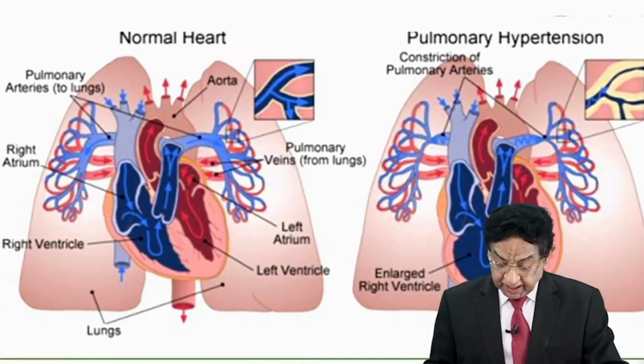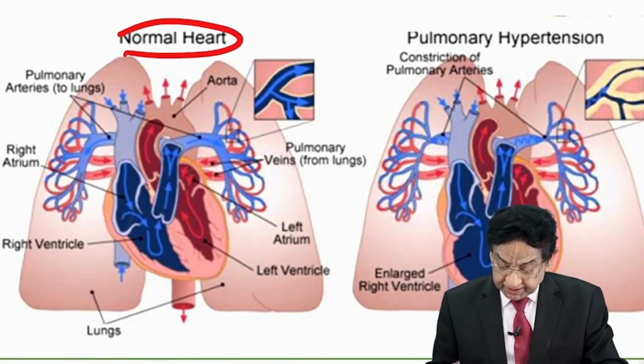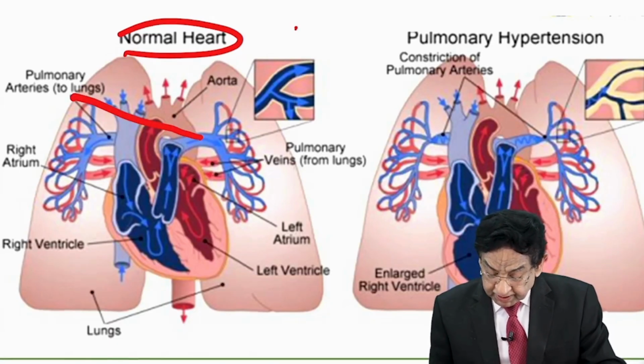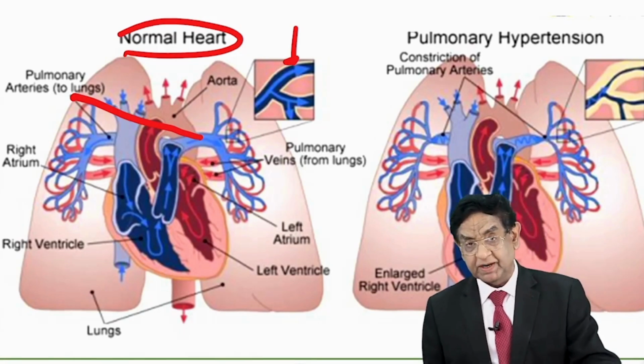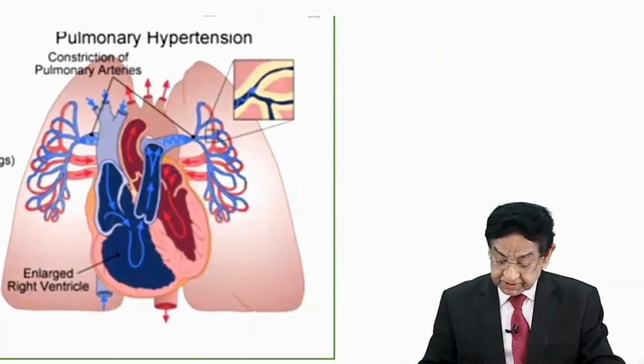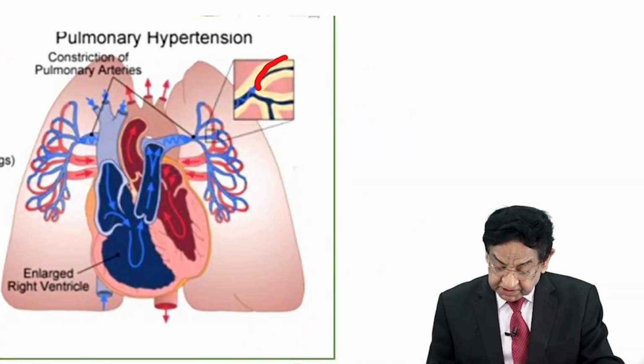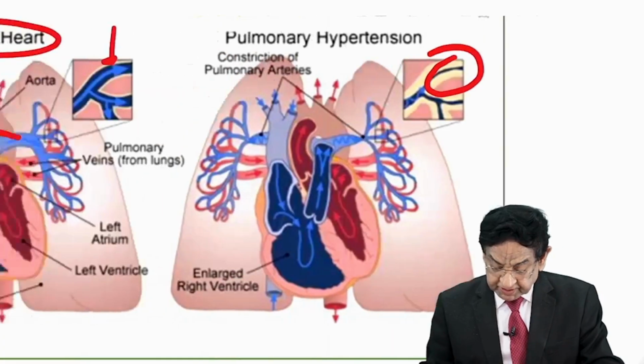This is a normal heart. This is the pulmonary artery. This is normal, a normal vessel. Everything is normal. Now look into this. This vessel is constricted. Compare with this one.